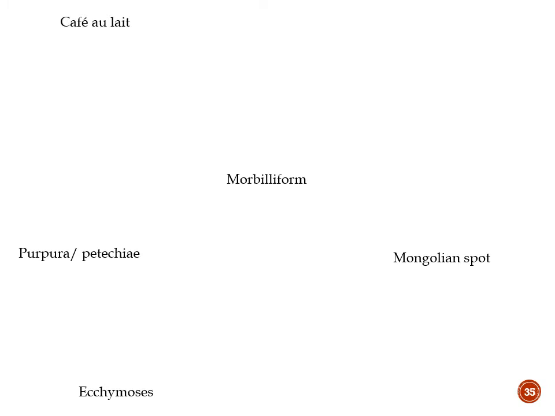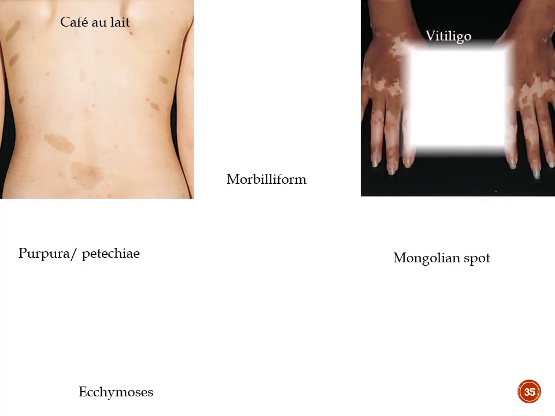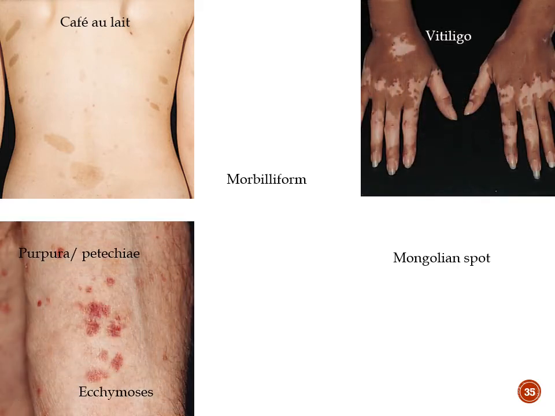So we have different types of macules and patches. Tan-colored macules and patches, called café au lait spots, are seen in neurofibromatosis. Whitish patches are seen in vitiligo. Special macules, which are pinpoint to pinhead-size bright red macules, are called petechia.